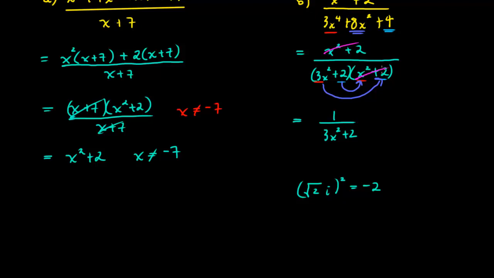So I'd have to write that restriction down if I were considering imaginary and complex numbers. But here we'll say that x is an element of the real numbers, but not an element of the complex numbers. So this rational expression reduces to 1 over 3x squared plus 2, and there are no restrictions on the variable.